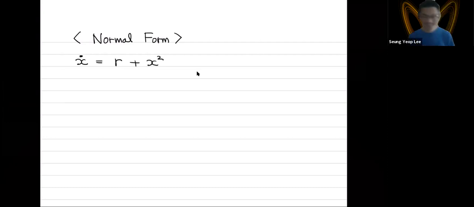So the linear term is missing. If there's a linear term, then it's a hyperbolic system. But if the linear term is missing, then there's a bifurcation at r equals 0.